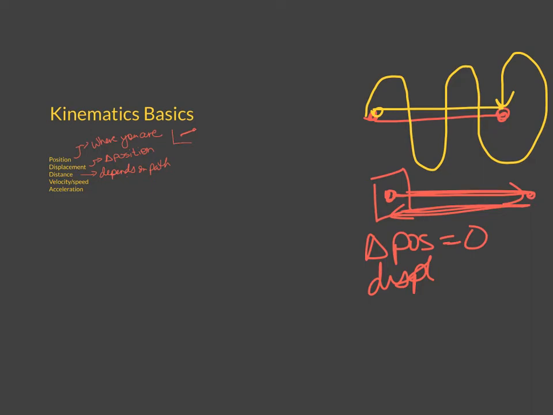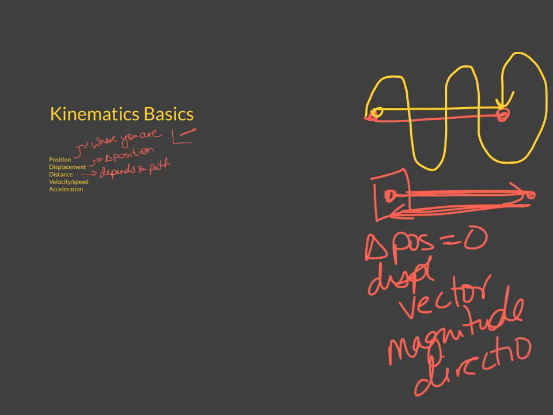All right. So distance, displacement. Displacement is a vector quantity, which means it has magnitude and direction. So for here, for the first one, my displacement is this many meters to the right.